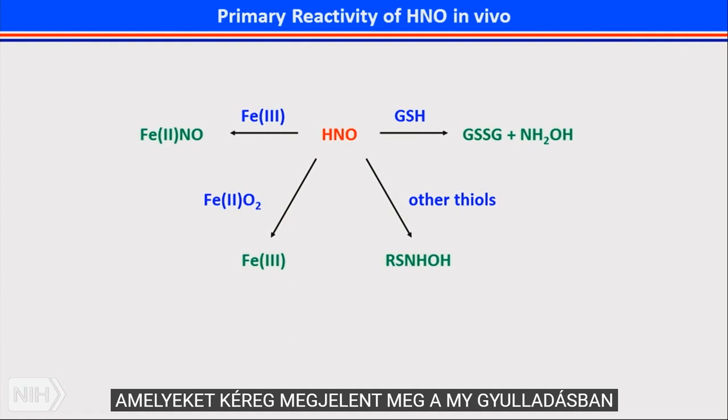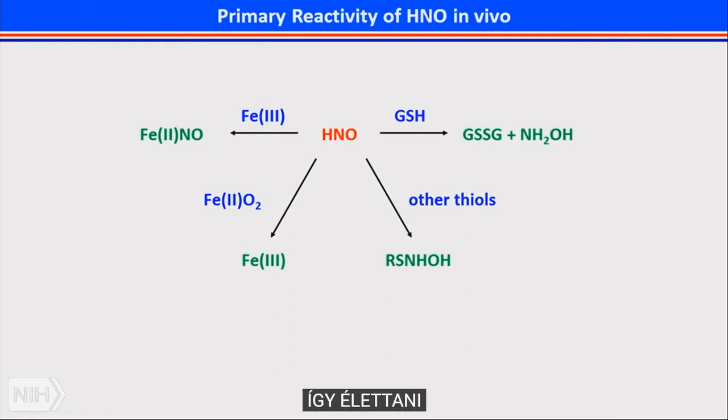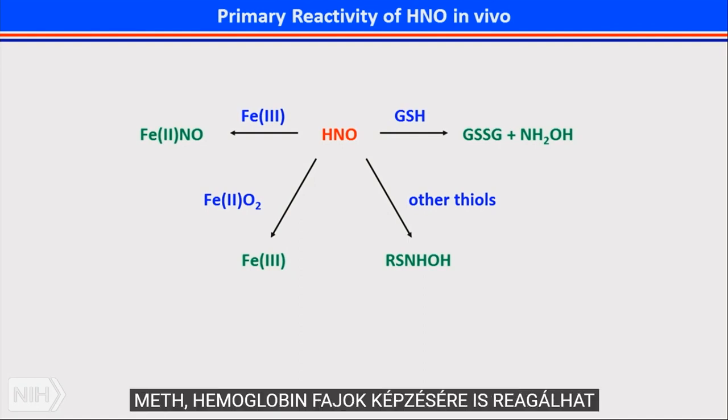So under physiological condition, these are the most relevant reactions of HNO. As I mentioned, it reacts with ferric heme to form ferrous NO. It can also react with ferrous heme to form methemoglobin sort of species.